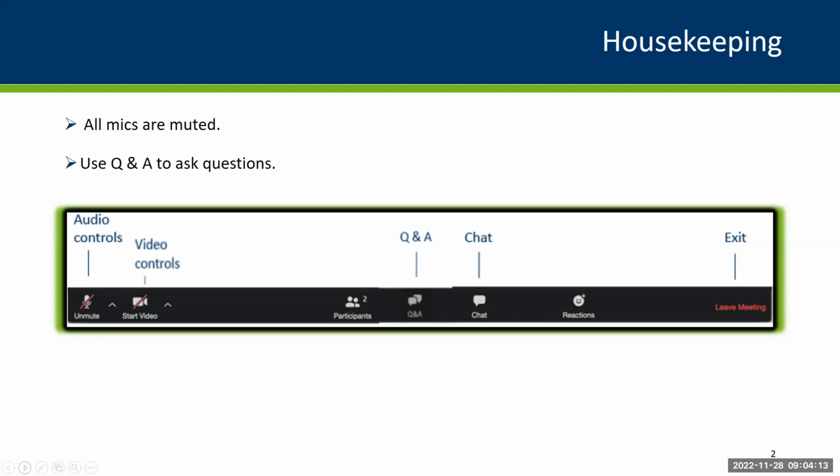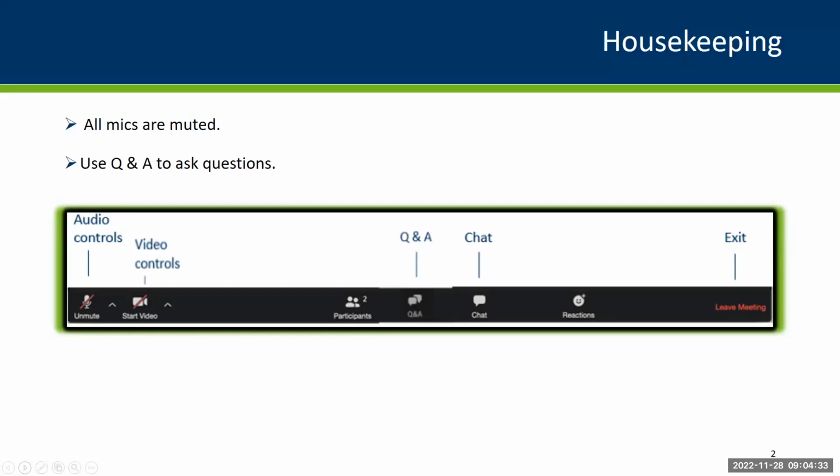The up arrows to the right of the buttons allow you to change your microphone input sources. The start stop video button will allow you to join the conference video stream by using your webcam. The up arrow to the right of the button allows you to change your video input source.